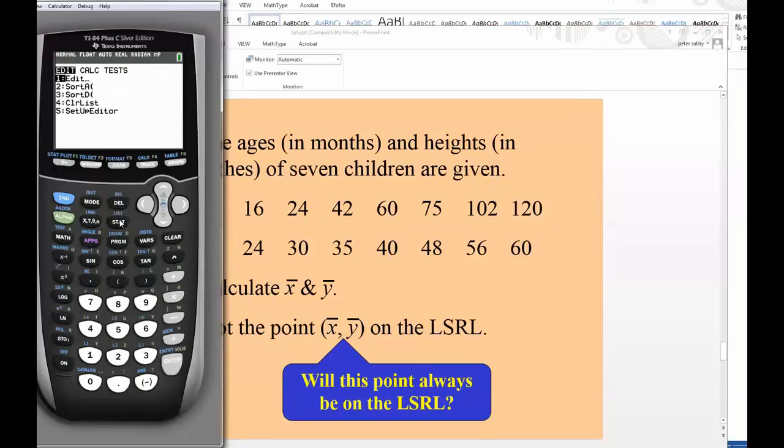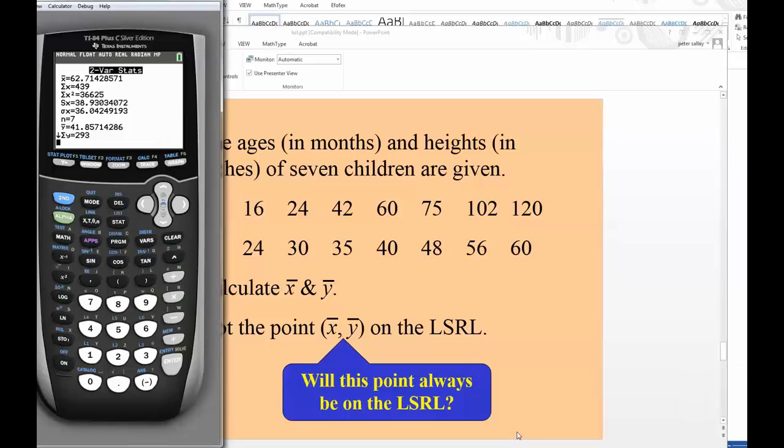So if we go to calc and do two var stats, that will do the x list and the y list simultaneously for us. So let me reset this so it says list 1 is x and list 2 is y, so at least I remember that when I do the interpretation. All right, so we hit calculate, and we get x bar of 62.7 and a y bar of 41.85.